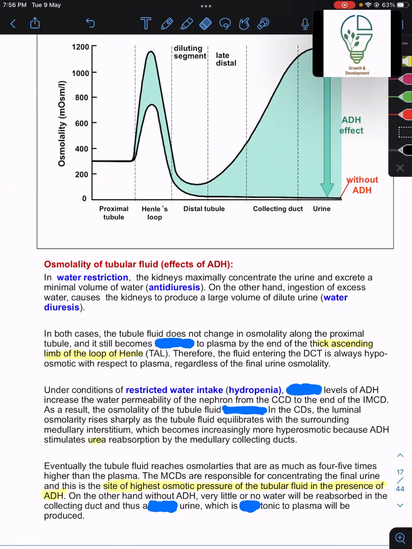Okay, so remember we talked about the descending loop of Henle, the ascending loop of Henle, and how it enters the distal convoluted tubule. At the end of that, at the part right before it enters the distal convoluted tubule, is that fluid hypertonic or hypotonic?